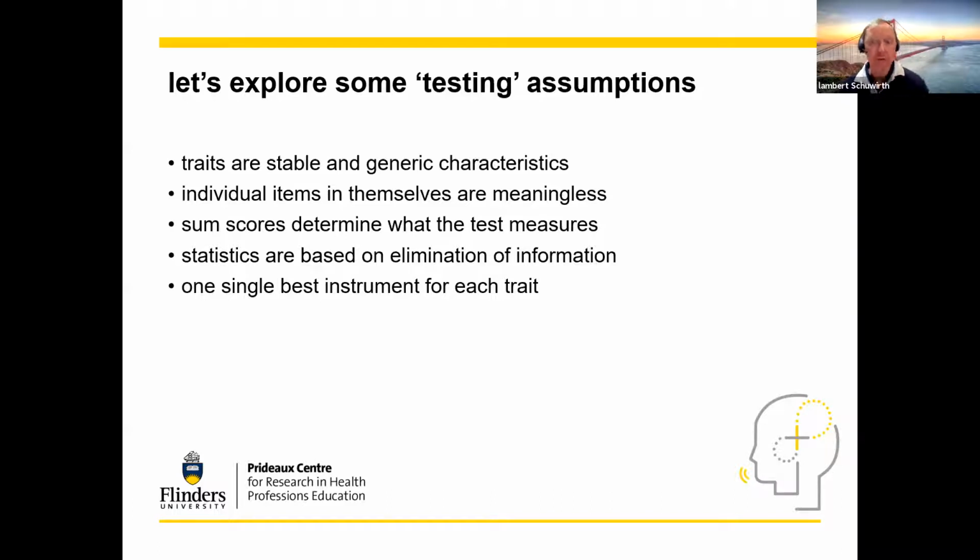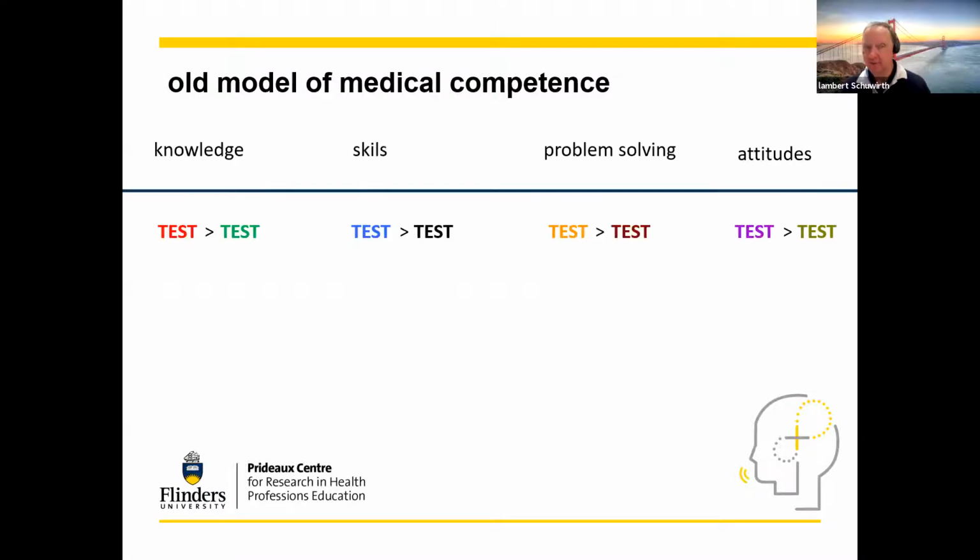Which of course led to the idea that there is one single best instrument for each trait. And if you look at the literature of the 1970s, 1980s, and perhaps some early 1990s, many studies were comparing item formats. Are open-ended questions better than multiple choice questions? Are practical exams better than written exams?